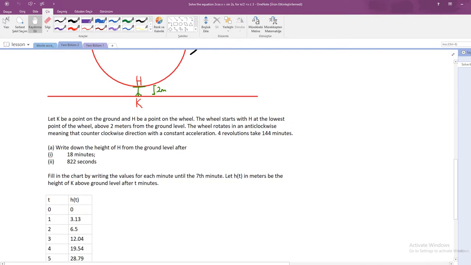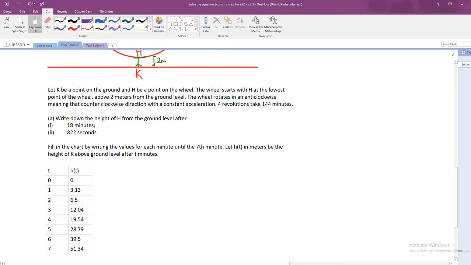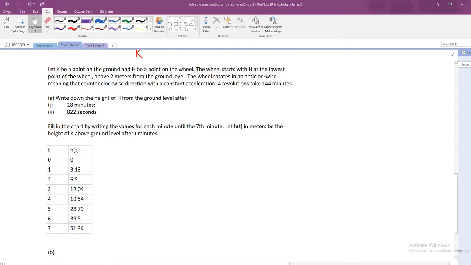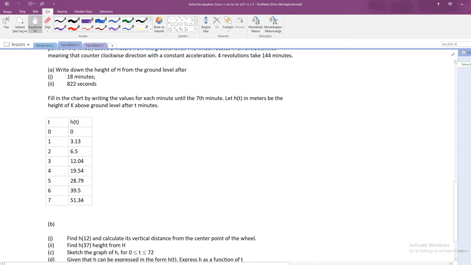And after 822 seconds. Then we are asked to fill in the chart by writing the values for each minute until the 7th minute. Let h(t) in meters be the height of H above the ground level after t minutes. I wrote all of these. We will just be solving one or two examples and the others are the same.